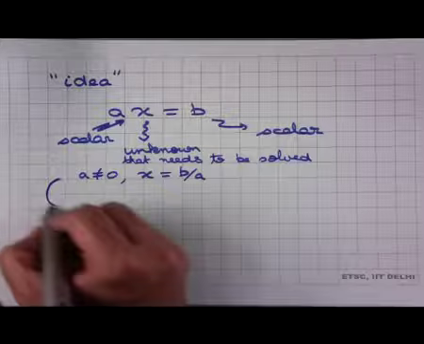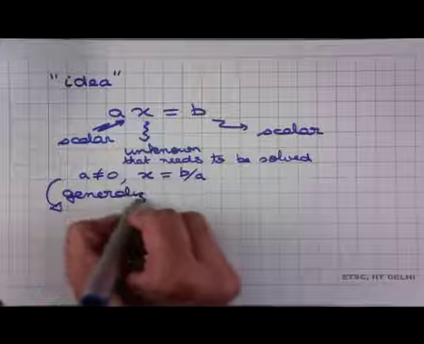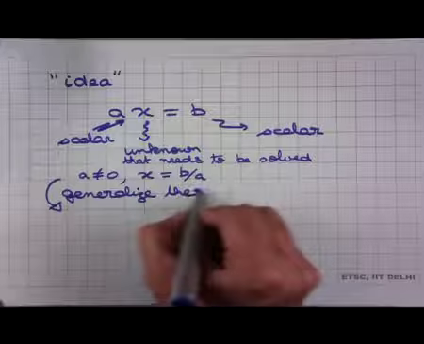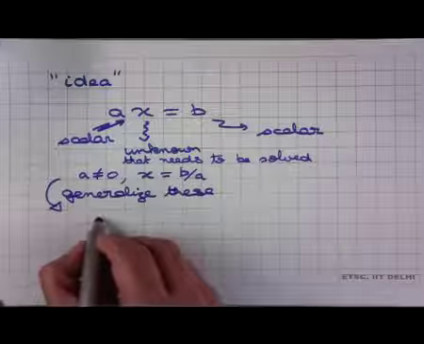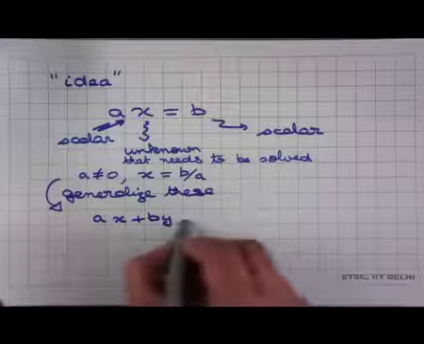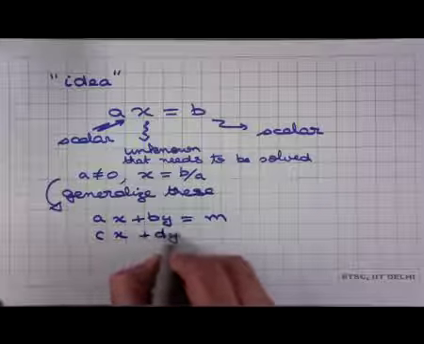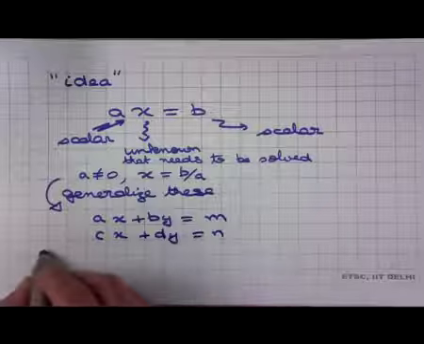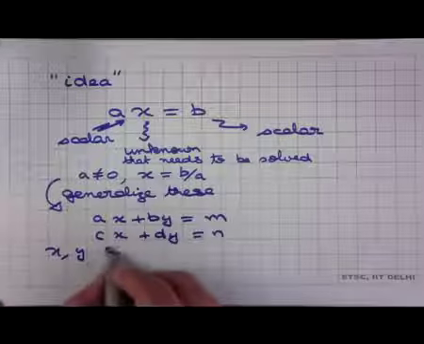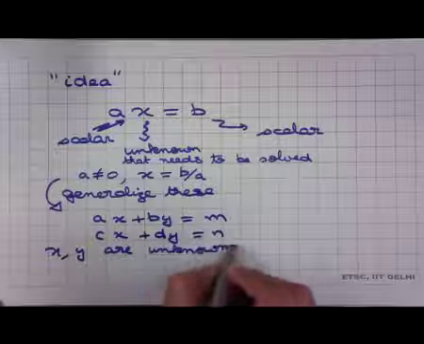Now, when we generalize these to have, let us say, equations in two unknowns A x plus b y equal to m and c x plus d y equal to n, where now x and y are unknowns. So, there are two unknowns and two equations.